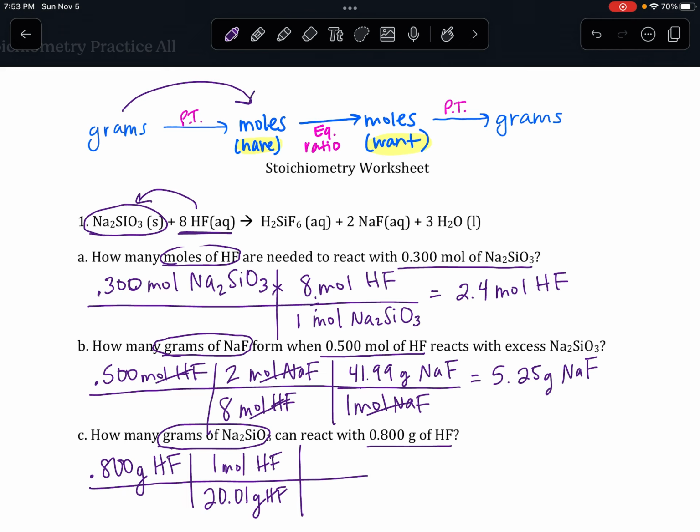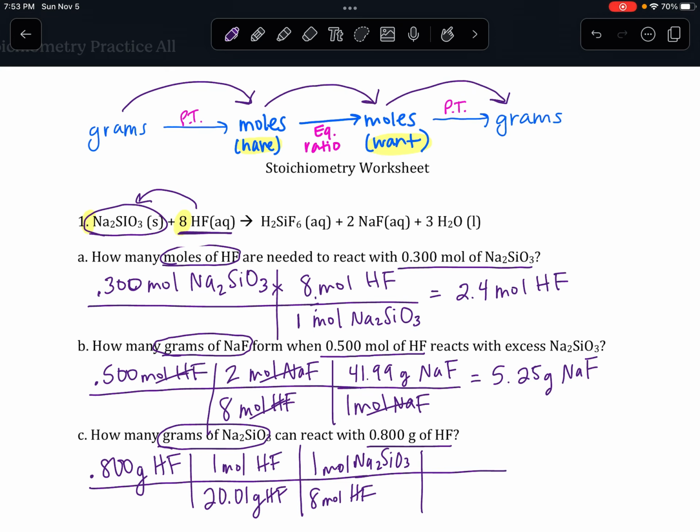Now that I have moles, I can use my balanced equation to go from what I have to what I want. My equation tells me that I have 8 moles of HF, and then I'm trying to find that invisible 1 mole of Na2SiO3, sodium silicate. Now that I'm in moles, I can do one last step to get to grams, because the question's asking for grams.